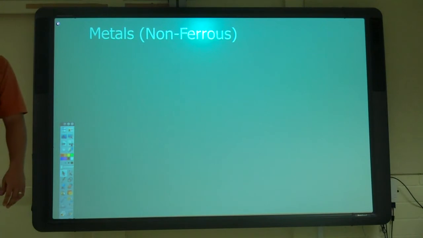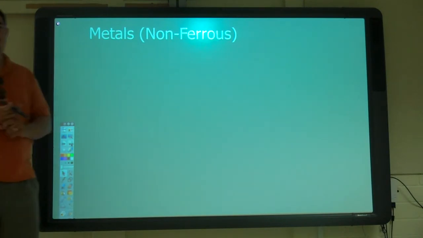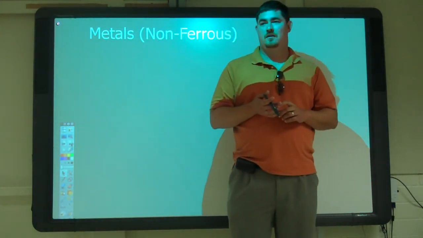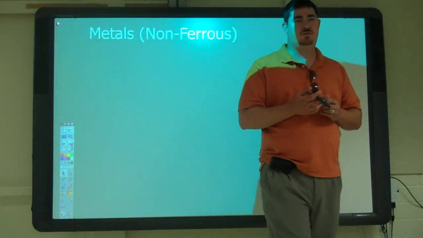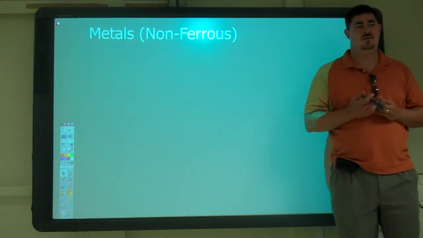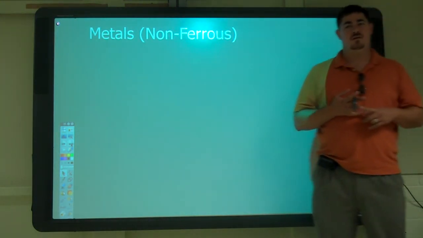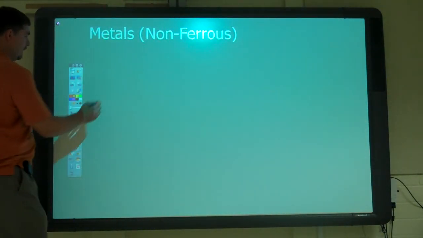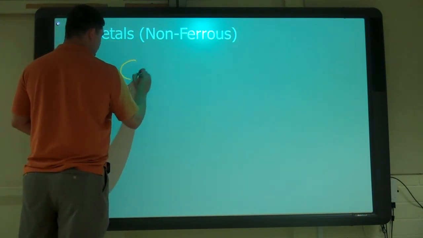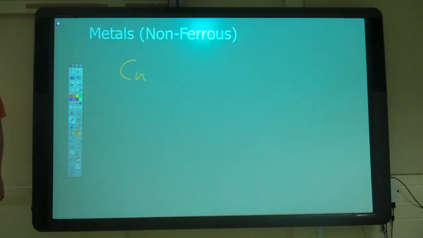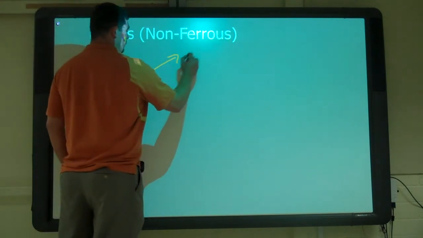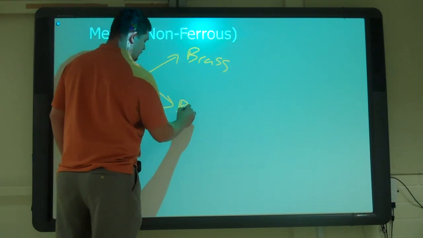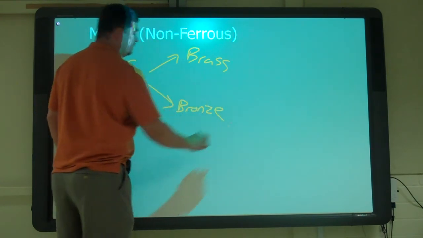What are some other non-ferrous metals? Brass, bronze. What are brass and bronze? What's the difference between brass and bronze? What do they both start with? They both start with copper, right? And then you get brass and bronze from that.